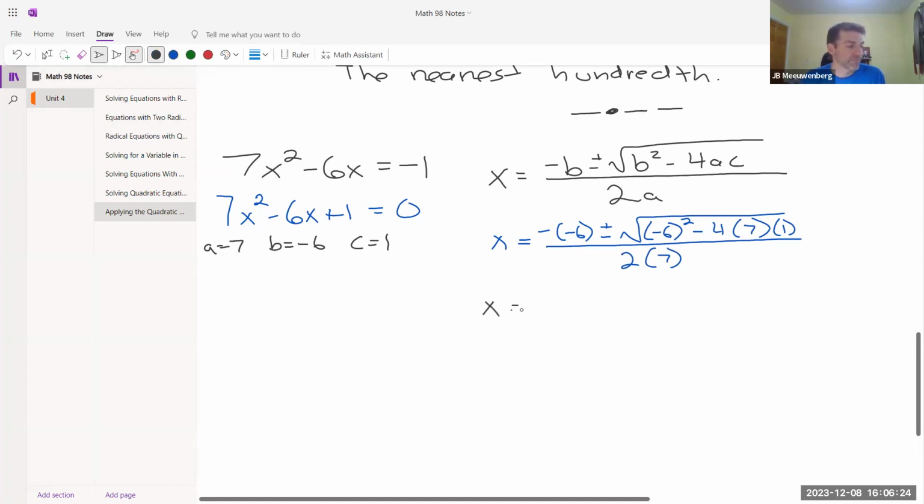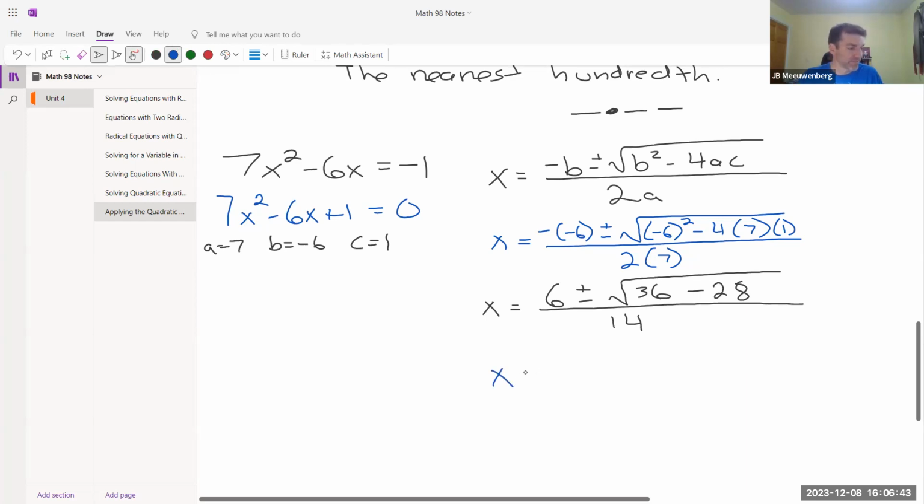Let's clean it up. X equals, big fraction bar, +6 plus or minus the square root of 36 minus 28, all over 14. One more.